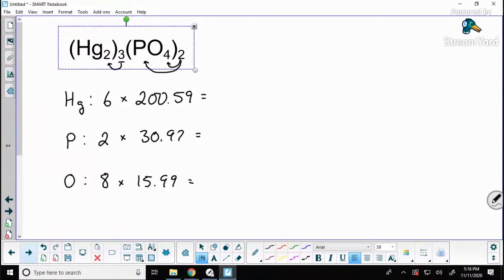Multiply each one of these. 6 times 200.59 will give you 1,203.54. 2 times 30.97 will give you 61.94. And 8 times 15.99 gives you 127.92. But then add all these up.